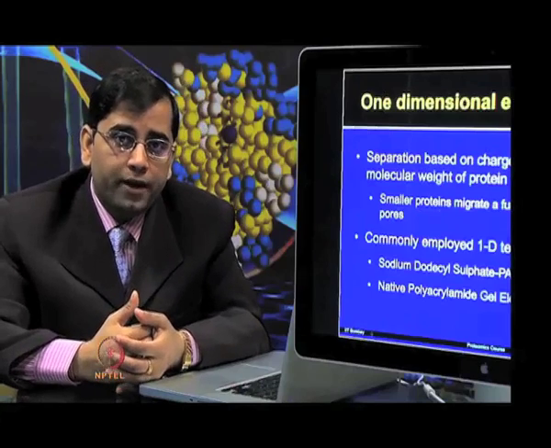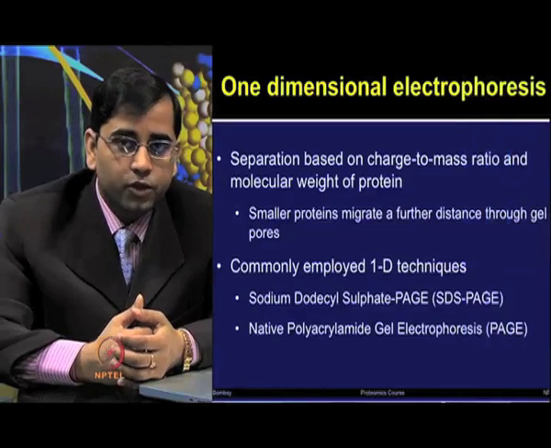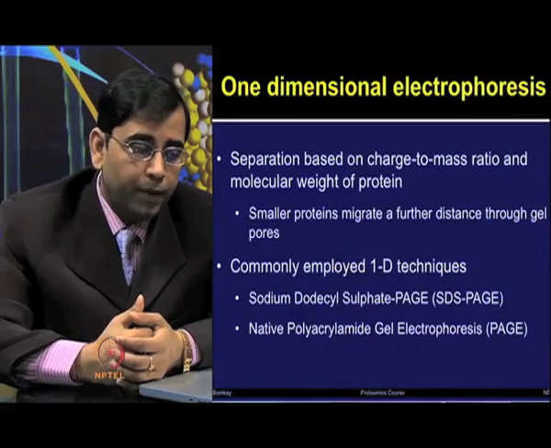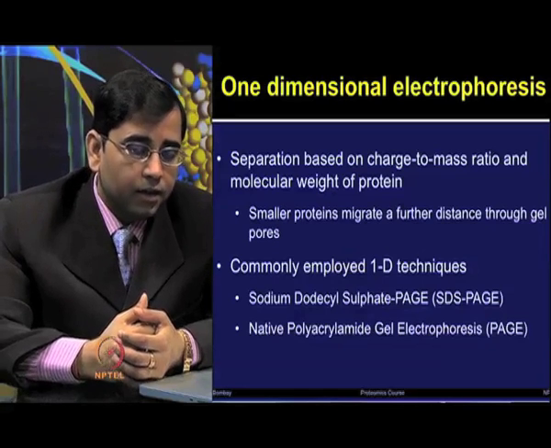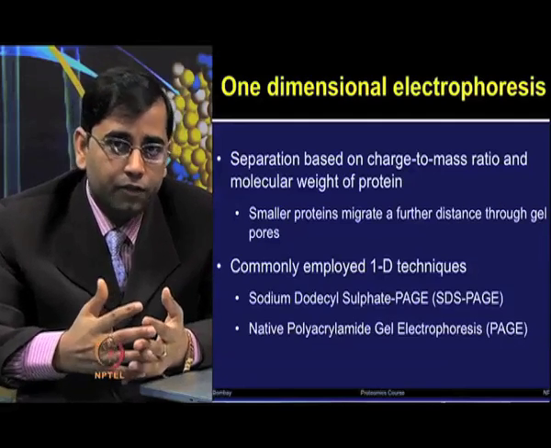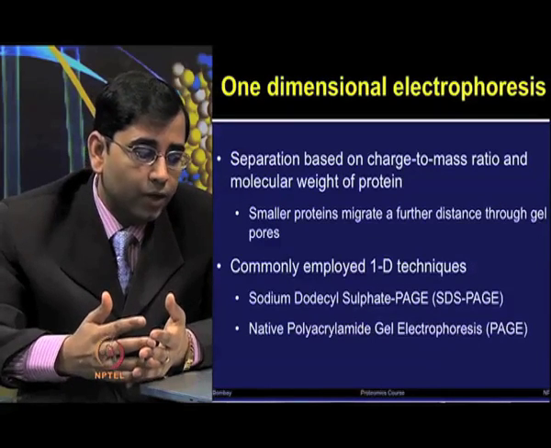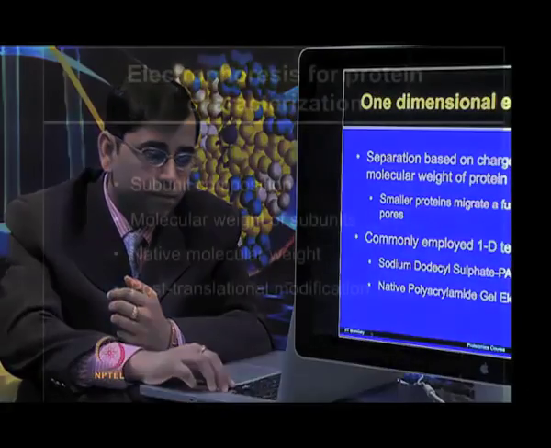Commonly employed one-dimensional techniques include sodium dodecyl sulfate PAGE, SDS-PAGE, or another technique which is used for studying the protein in the native conformation, native form, which is known as native polyacrylamide gel electrophoresis, or native PAGE.